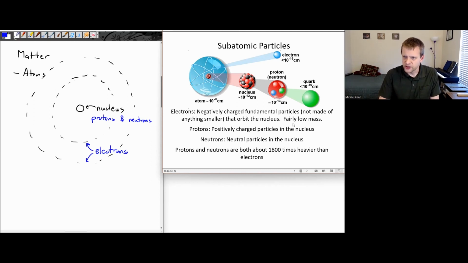I also mentioned that these electrons have a fairly low mass. And in fact, the protons and neutrons are pretty close to the same mass, and they are about 1,800 times heavier than electrons. They have a lot more mass than these electrons.